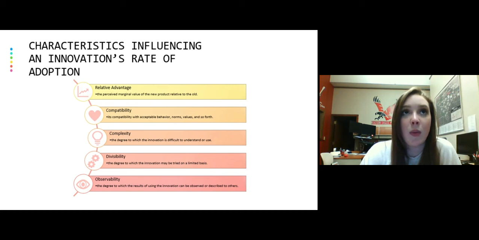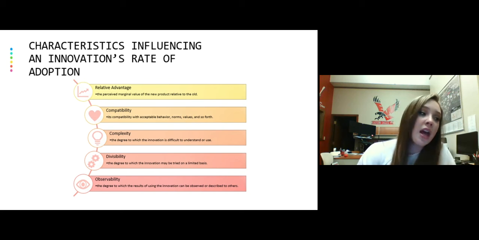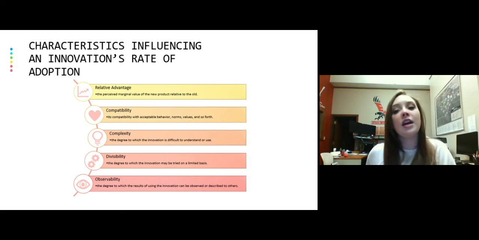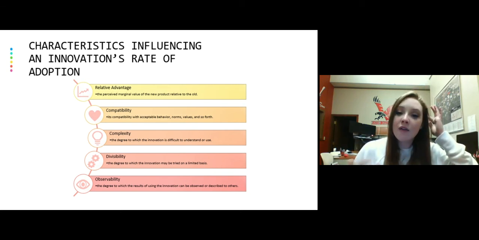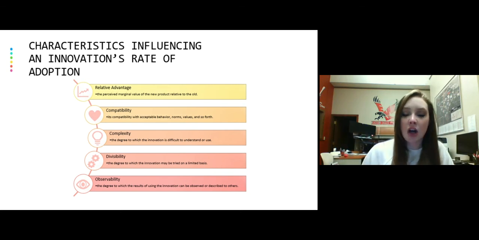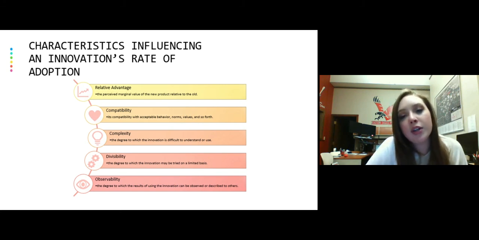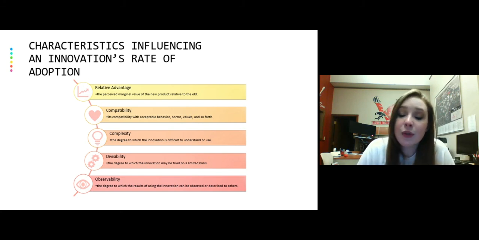Obviously, probably to many people, the iPhone is better than a rotary phone. Next, we have compatibility, which is compatibility with acceptable behavior, norms, values, and so forth. Is the world ready for this? Is it ready to adopt this? And do we have the technology or understanding that it's going to make it into this world?